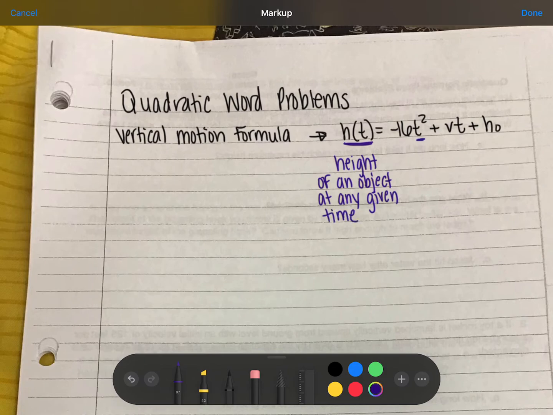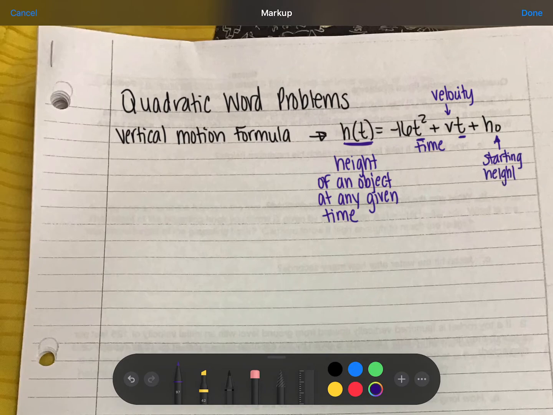The t that you see at the squared and then with the vt, that is time. V is your velocity, how fast is your object moving, and h of 0 is your starting height.